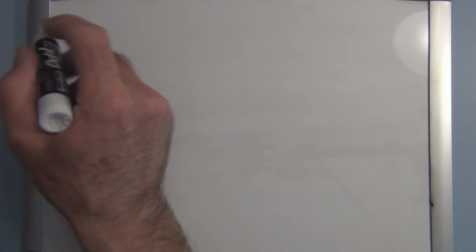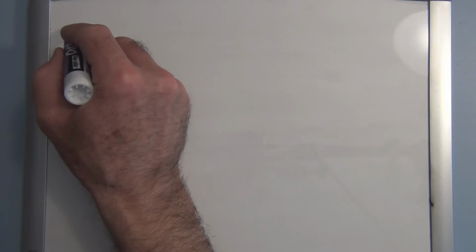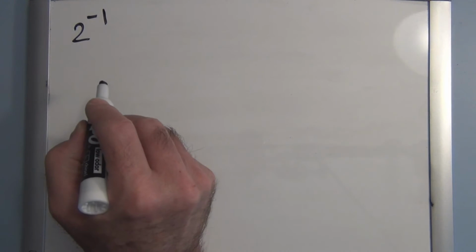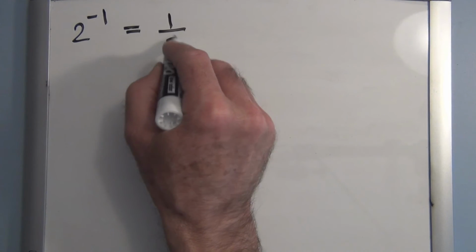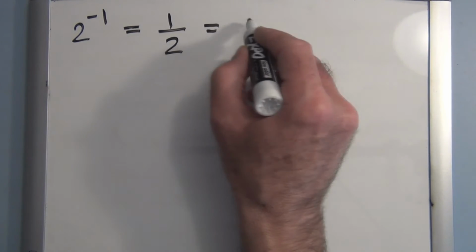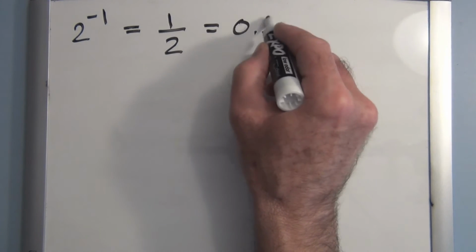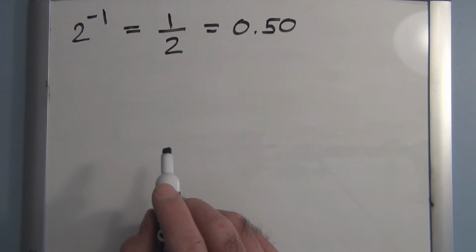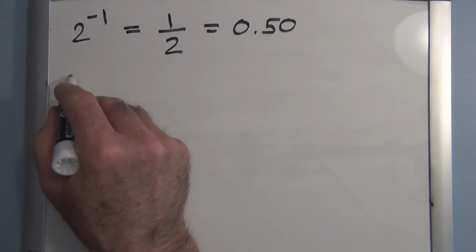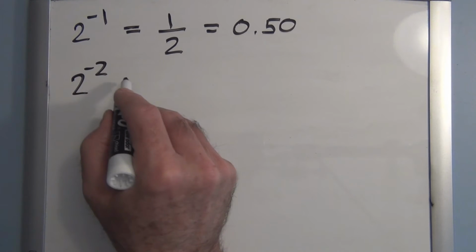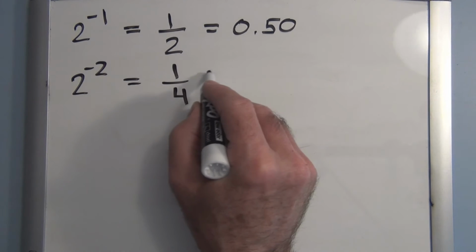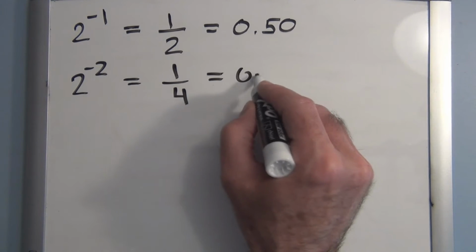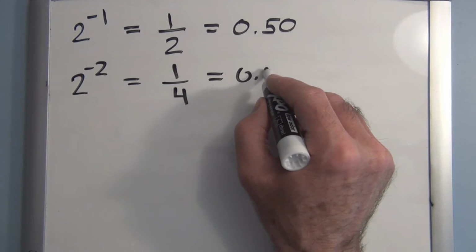And you'll get used to working with a lot of these numbers. 2 to the minus 1, which of course is equal to 1 over 2, which is equal to 0.50 in decimal. We have 2 to the minus 2, which is equal to 1 over 4, which is equal to 0.25.